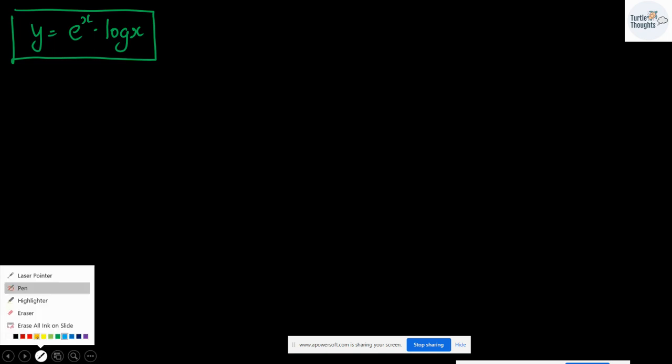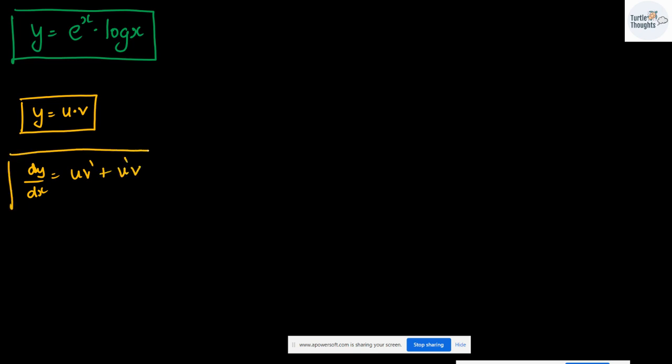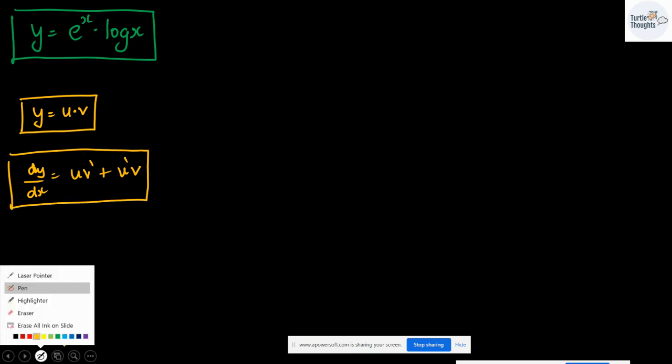What does the product rule say? Product rule says that if y is equal to u multiplied by v, meaning that two functions are multiplied with each other, then dy by dx is going to be u v dash plus v u dash, where u dash and v dash are differentials of u and v respectively.